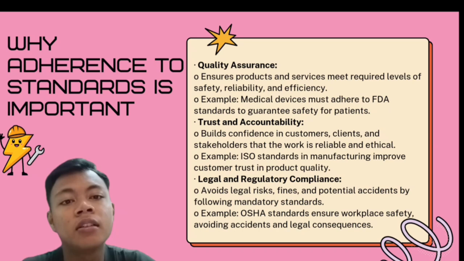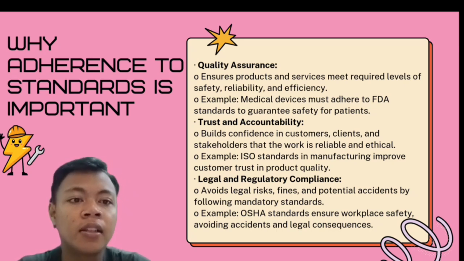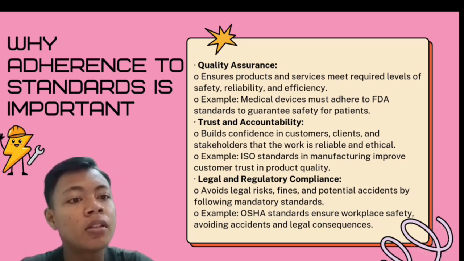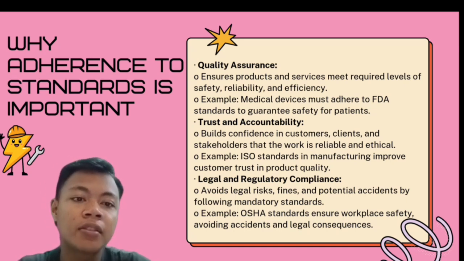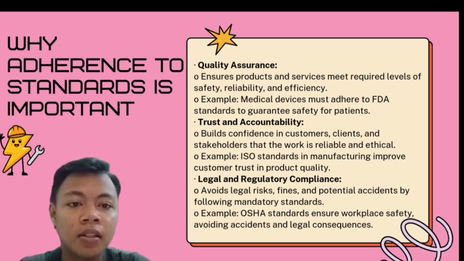The second reason is trust and accountability. Trust and accountability is to build confidence in customers, clients, and stakeholders that the work is reliable and ethical. For example, ISO standards in manufacturing improve customer trust in product quality. The third reason is legal and regulatory compliance.